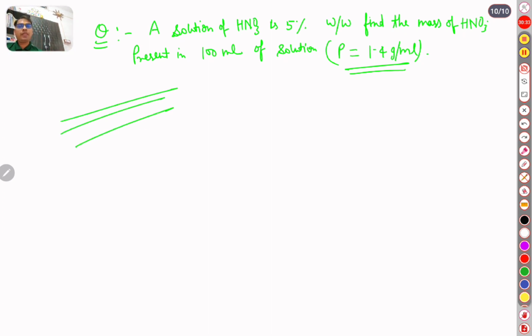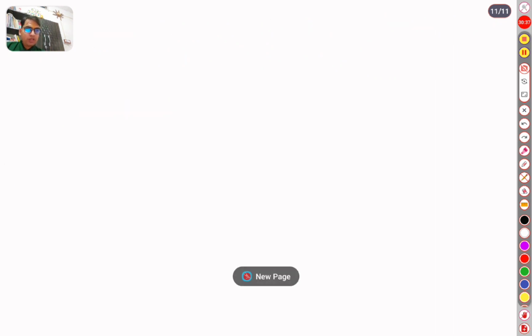Now we are going to discuss the next and last concentration term, which is volume by volume percentage.